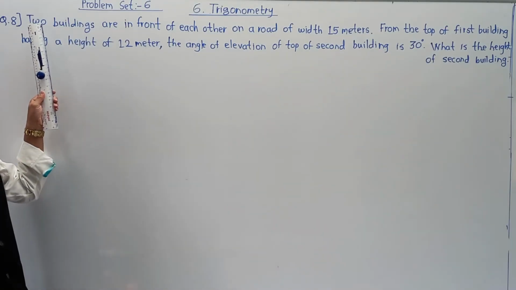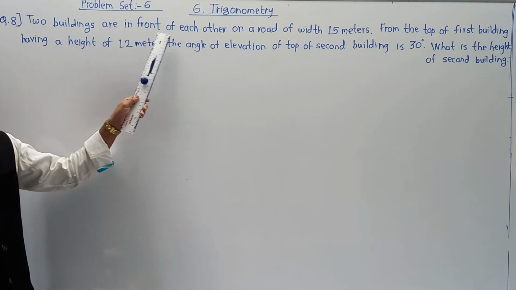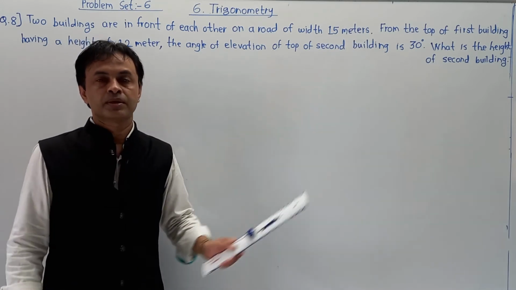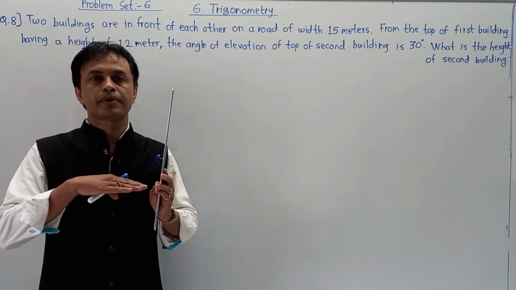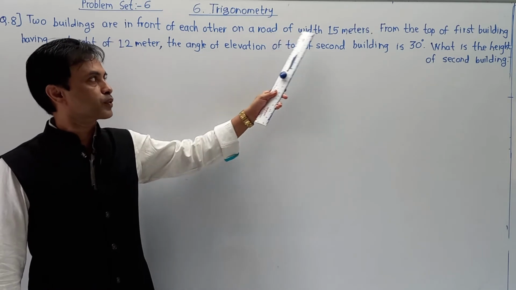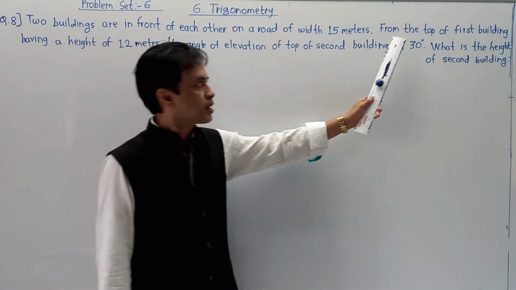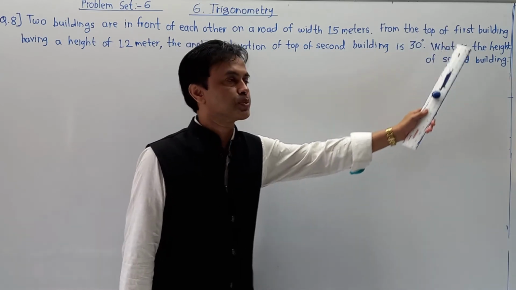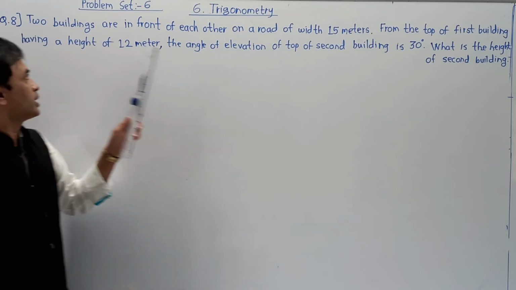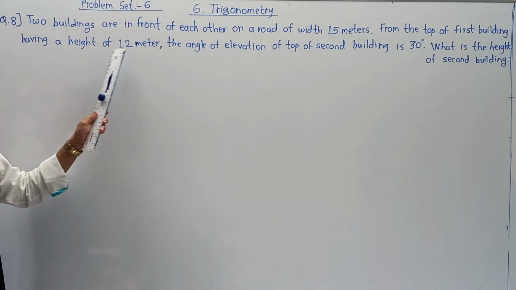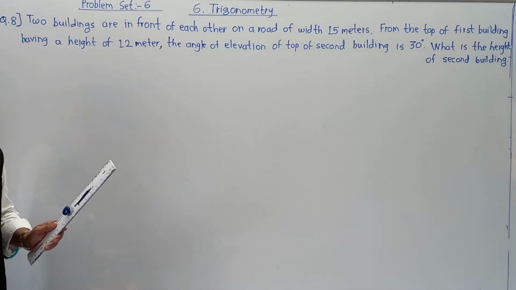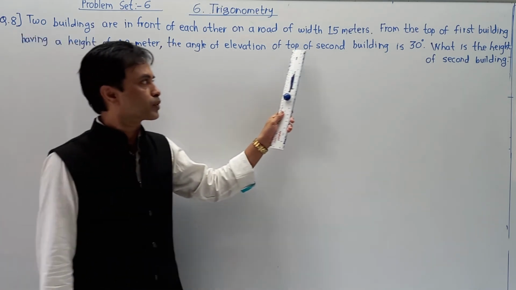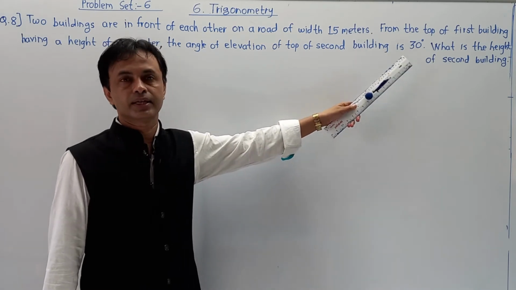Here the question is, two buildings are in front of each other on a road of width 15 meters. Means there are two buildings and there is a gap for a road, and the width of the road is 15 meters. From the top of the first building, having a height of 12 meters, the angle of elevation of the top of the second building is 30 degrees.